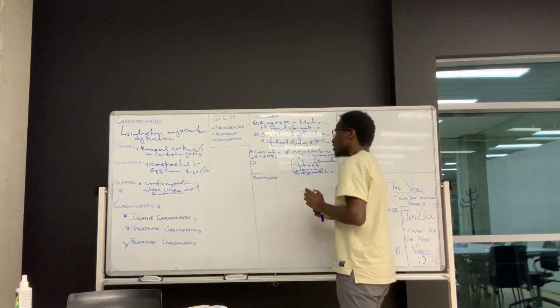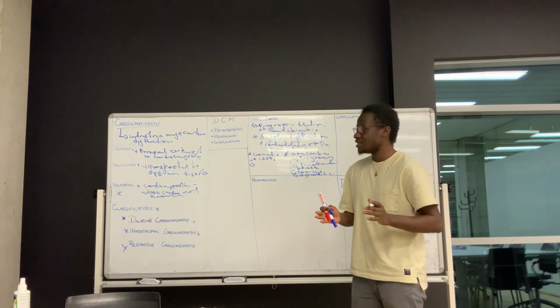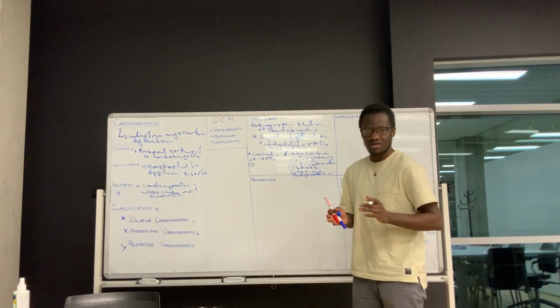Usually the genetic causes of DCM are those that really affect the contraction of the heart.